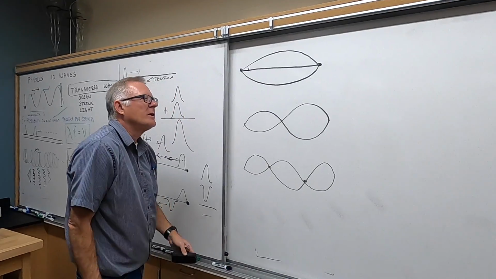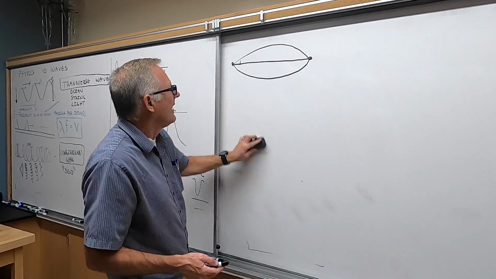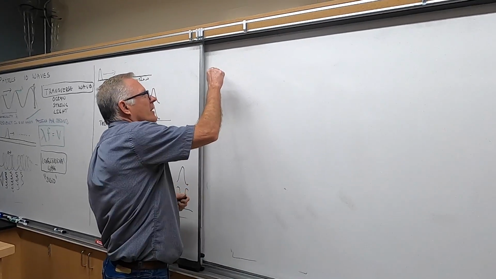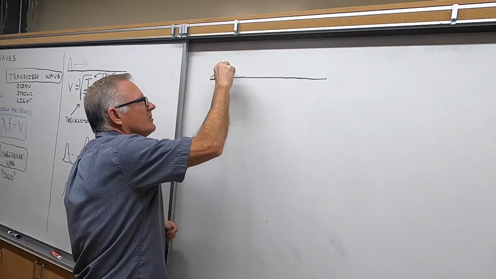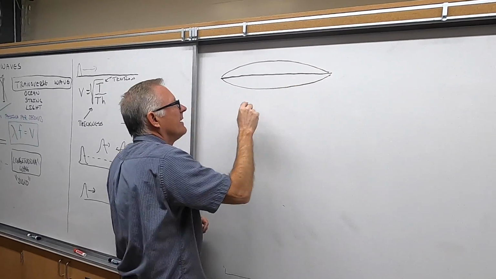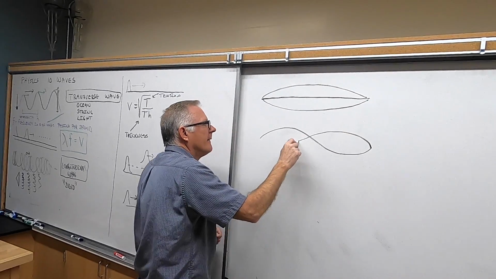Now you might ask, which one do you get in a guitar string? Which one of the standing waves do you get? Well, you get all of them. Actually, you have a guitar string. Next time you see a guitar string, go look at it really close. But there would be the standing wave right there. Then you'd also get this wave right here.